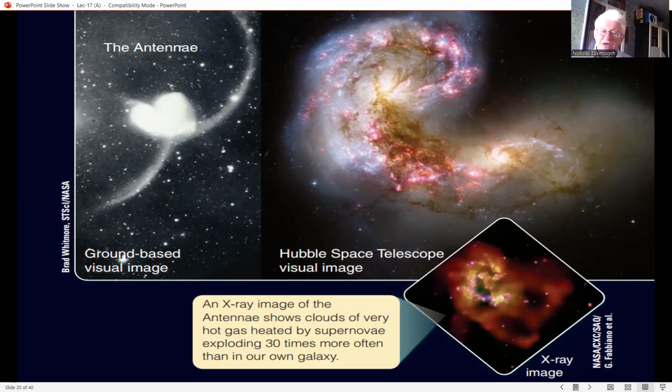The Antennae contain over 15 billion solar masses of hydrogen gas and will become a starburst galaxy as the merger triggers rapid star formation. Supernovae in a starburst galaxy may eventually blow away much of the remaining gas and dust that doesn't get used up making stars.